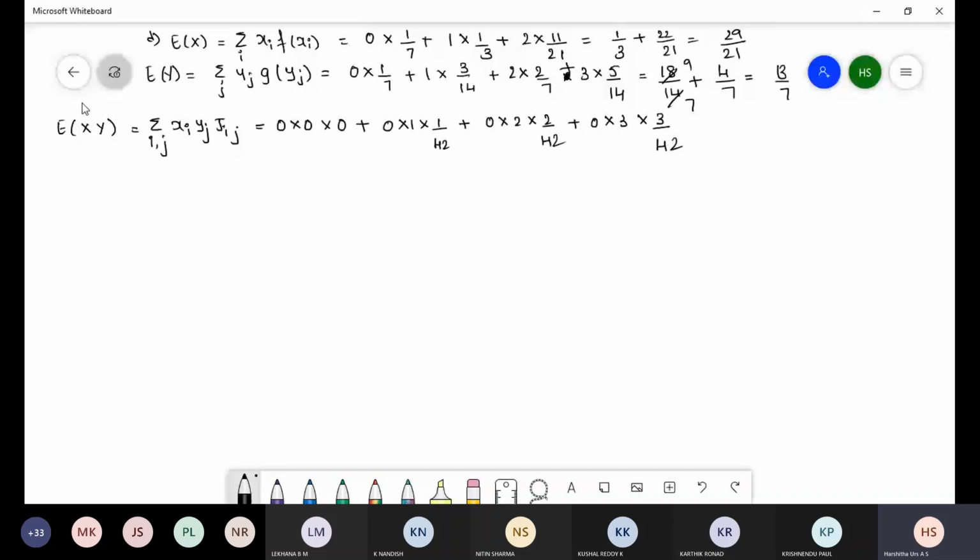Next come for the second one, 1 into 0 into 2 by 42.